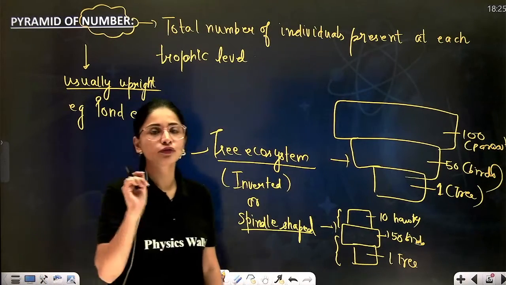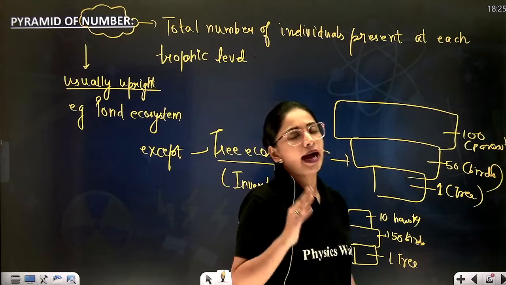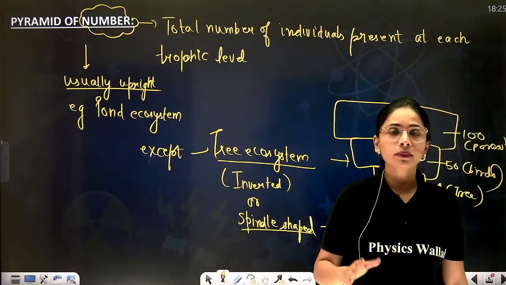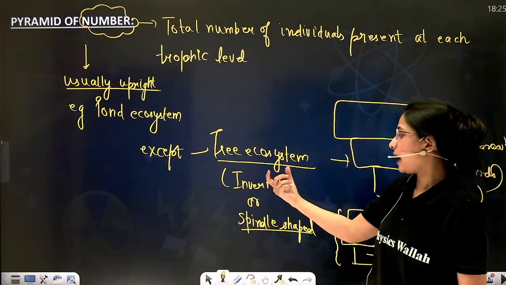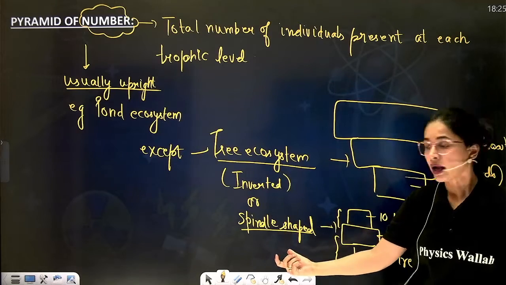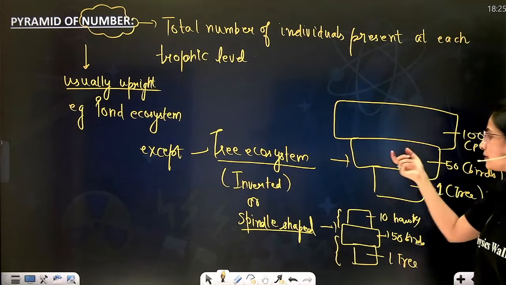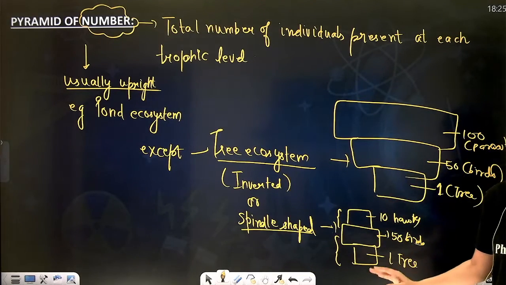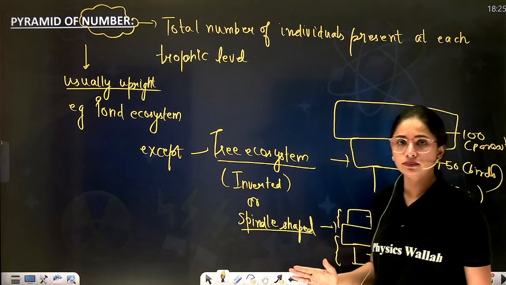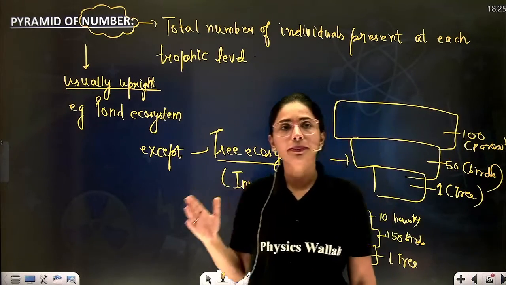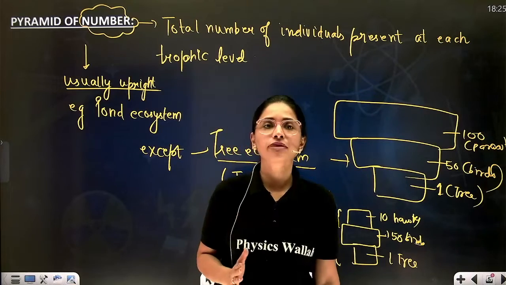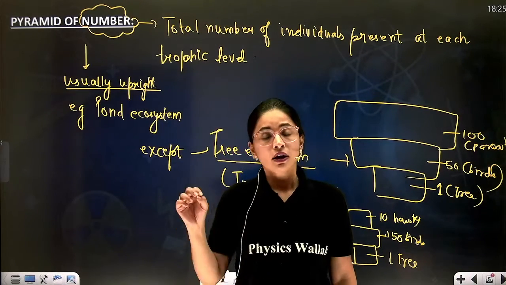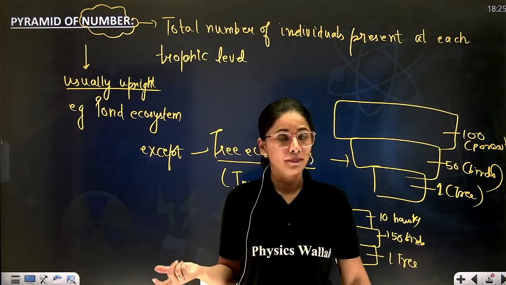So in case of the tree ecosystem, you have to remember that the pyramid of number can be either inverted or spindle shaped, and the examples over here are quoted. This much you have to do for the pyramid concept. What you have to do for the pyramid concept, beta? First of all, you should know who proposed this concept.